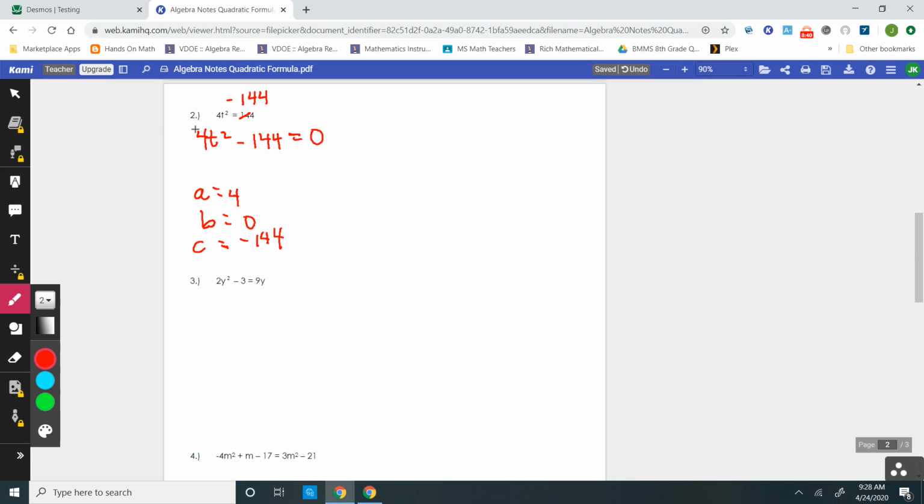And then you can do the discriminant next, the b squared minus 4ac. So your b here is 0, so you can sub that in. So 0 squared minus 4 times your a, which is 4, and then times the c, which is -144.